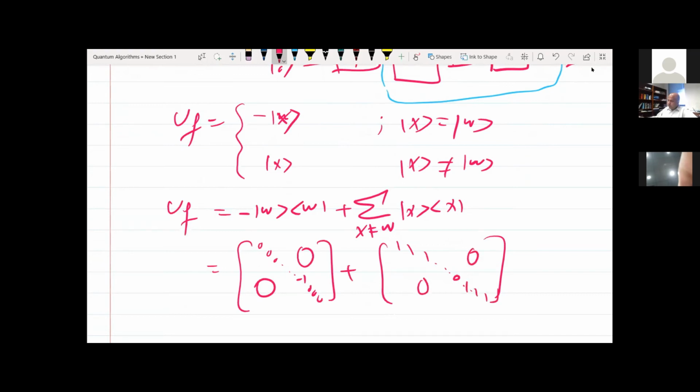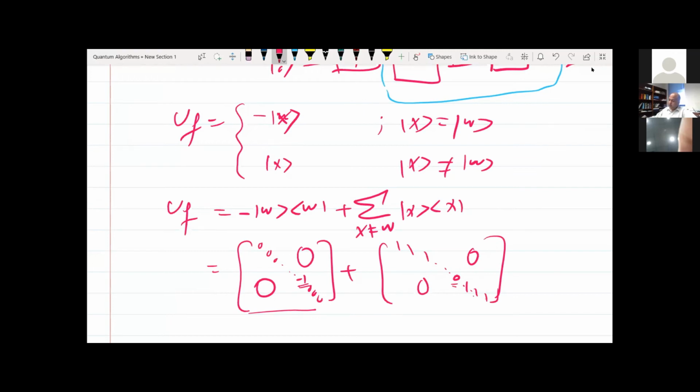So this means that when this matrix multiplies with something, when the element corresponding to W comes, it gives it a minus sign and it doesn't do anything to the others; it gives 0. And when this matrix multiplies with any state which is not W, it keeps it as it is. And when W comes in, it also multiplies with 0 and annihilates.